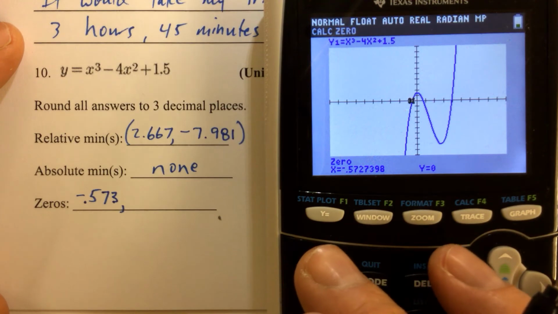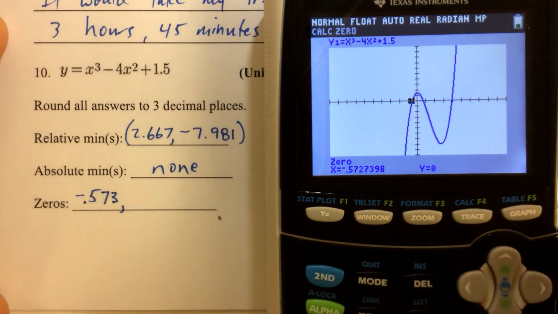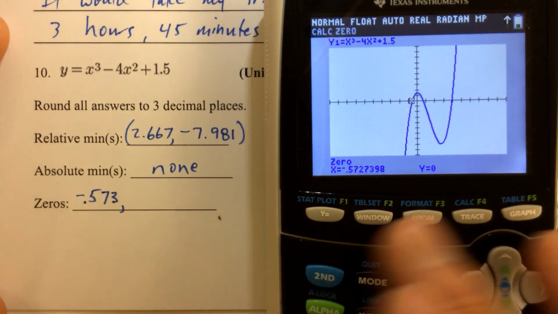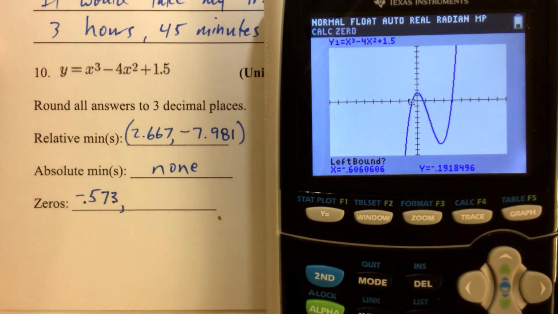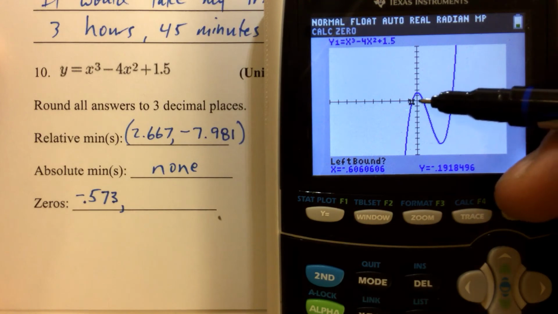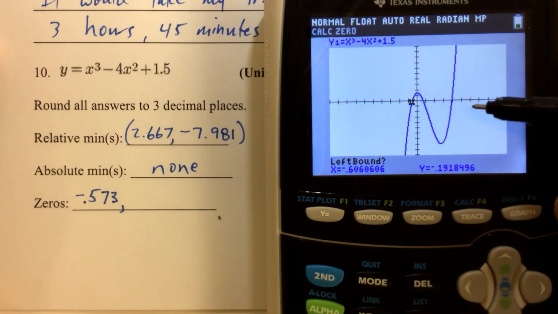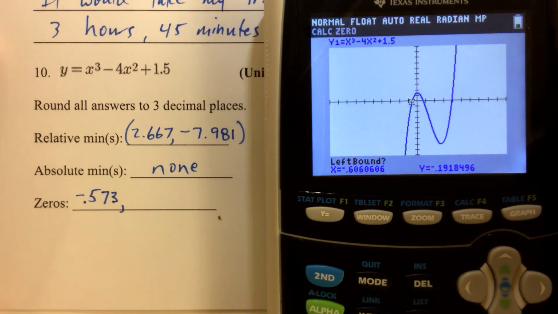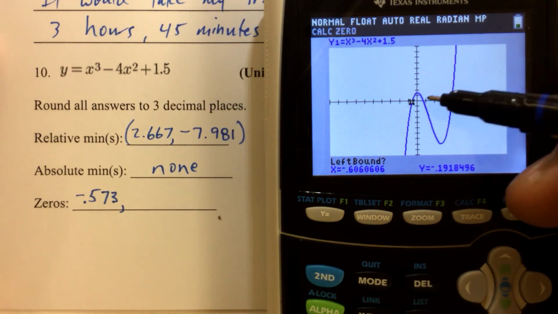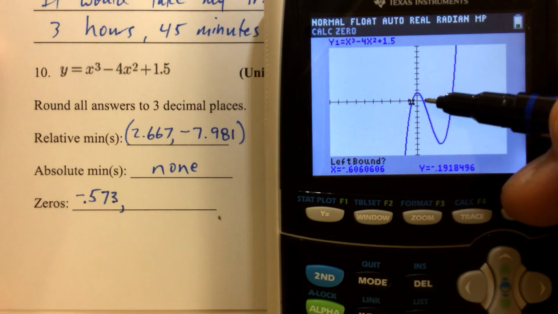And then here's something else that you can do. I'll show you a little trick here. Second calculate, zero. Instead of moving the cursor, if you're comfortable knowing that each one of these little tick marks on the x-axis represents 1 unit, then you can actually just type in a number.